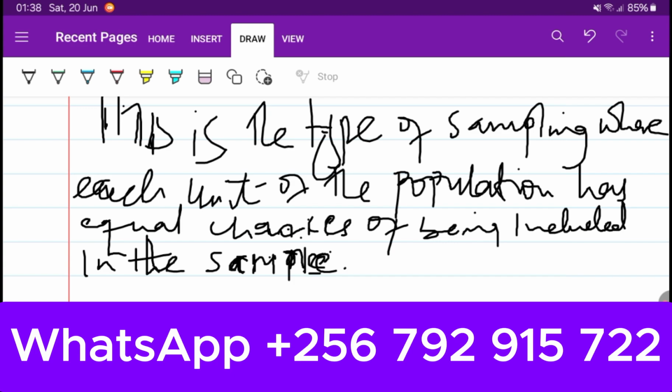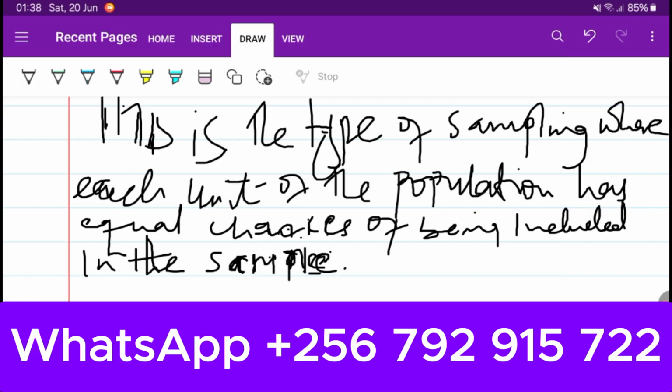In other words, each item or subject in the population is selected independently, independent of the rest of the other items.